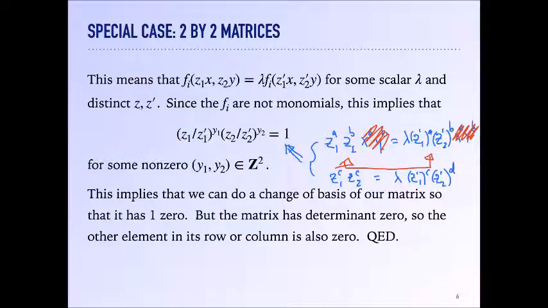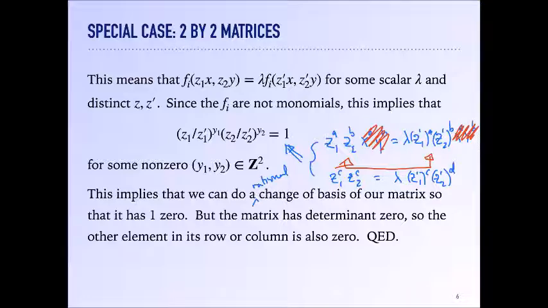Okay. So what this says, if you think about it, is that you can do a change of basis of your matrix so that it has at least one zero. So taking the logarithm of this equation. Remember, we're trying to conclude that you can do a rational change of basis, that there's an entire row or entire column of zeros.